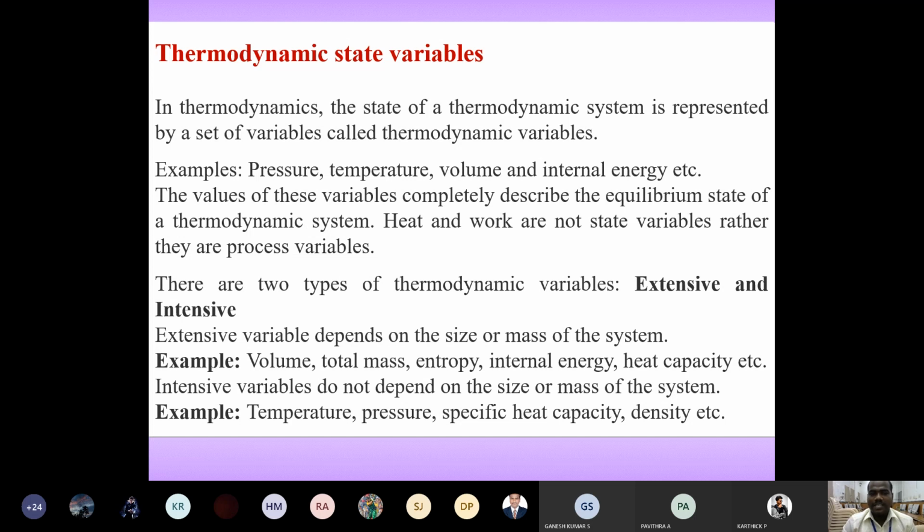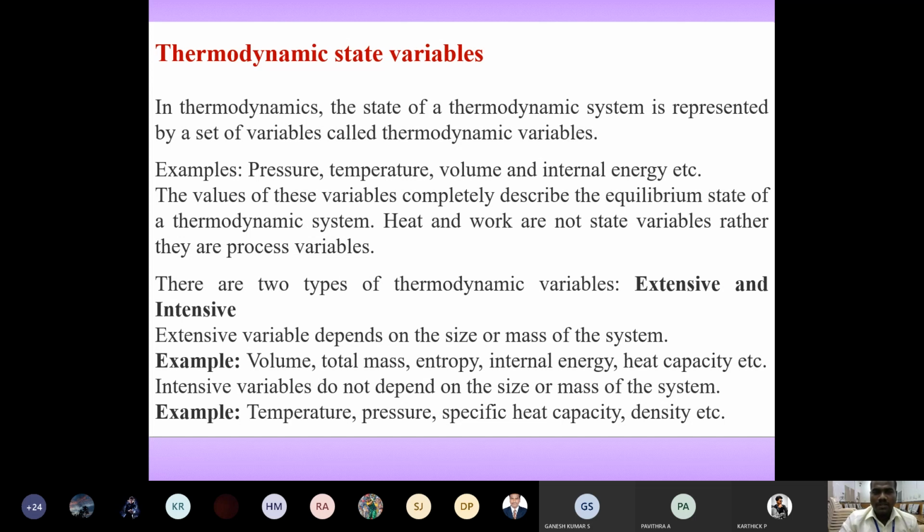Examples of extensive variables: volume, total mass, entropy, internal energy, heat capacities, etc. So extensive variables are mass dependent, right? How can we understand that?